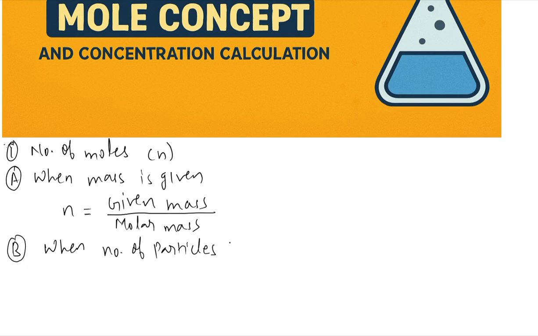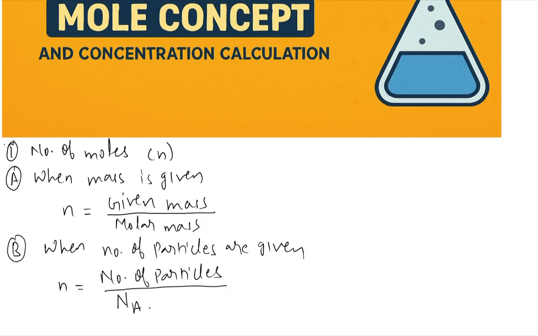When number of atoms or molecules are given, then the formula that you are going to use is n is given by number of particles divided by Avogadro number. Here, as you all know, Avogadro number is given by 6.023 × 10^23.